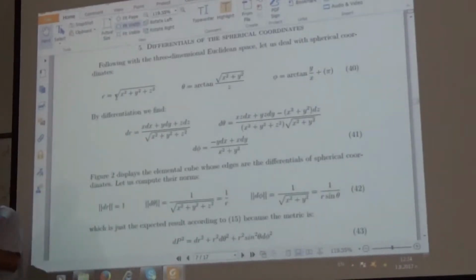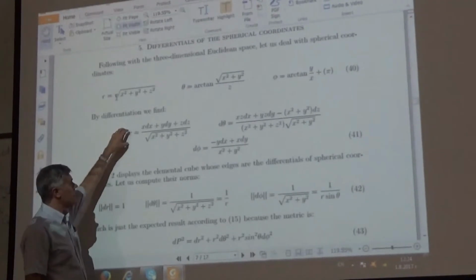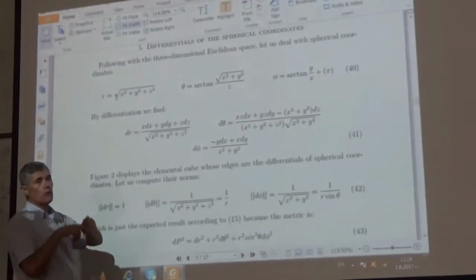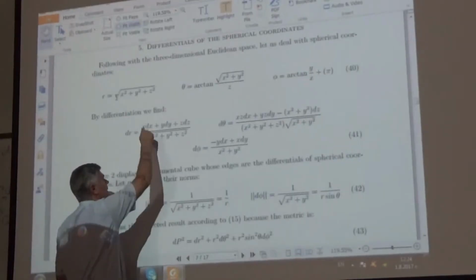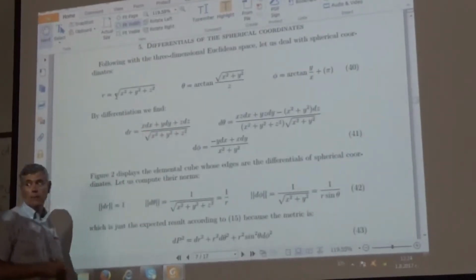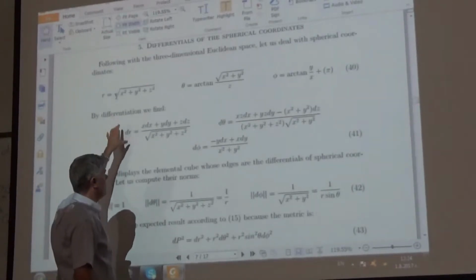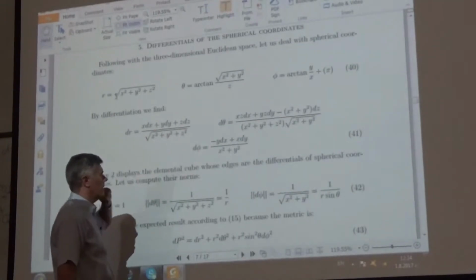These differentials are pointing in different directions. And this is the resulting differential as a linear combination, a vector composed by vectorial addition of these differentials with these coefficients. Okay, let us go to the differential of theta and of phi.